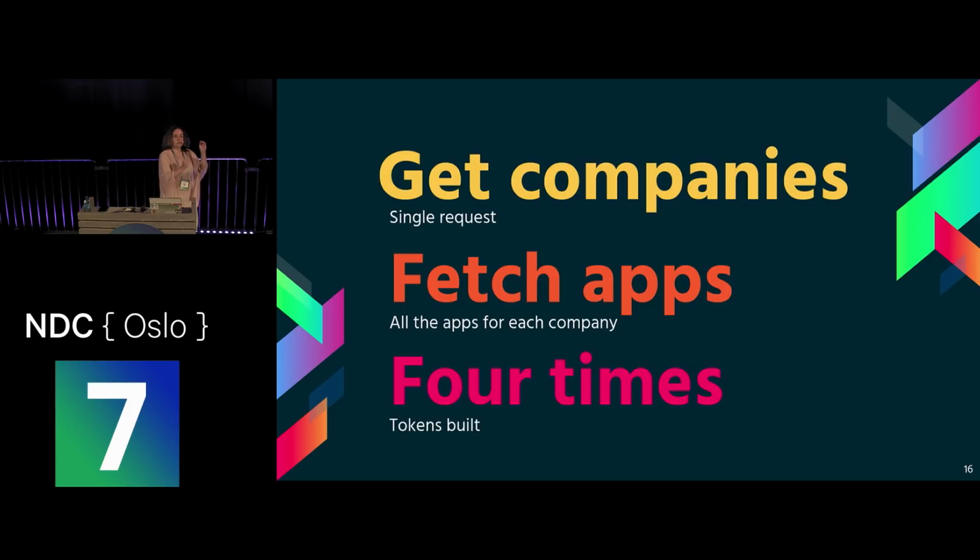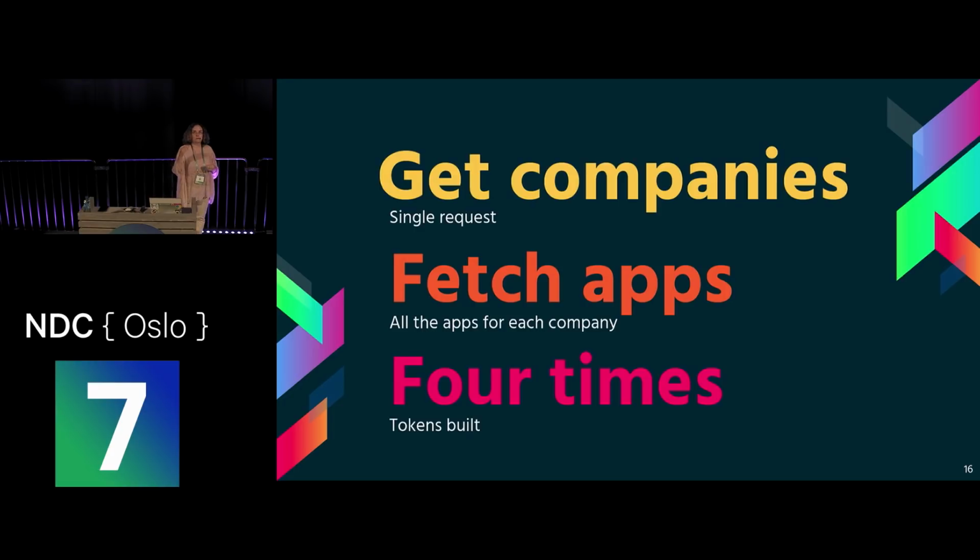Then for each one of those companies, we'd make a request asking for all the apps for this company, which was, again, okay, except if you had some users that had access to more than 20 companies. 20 companies, 10 apps each. You've got a number of requests going back and forth to this API.